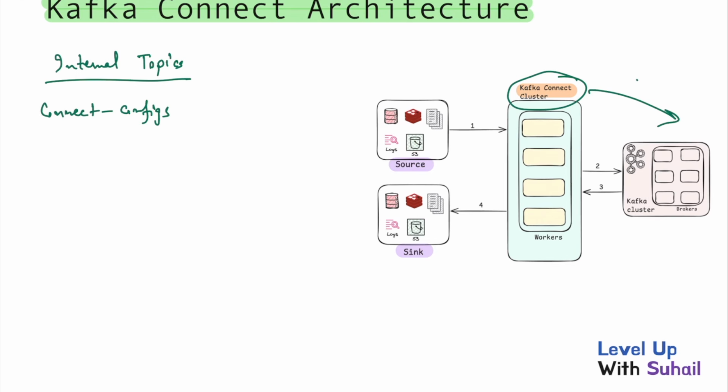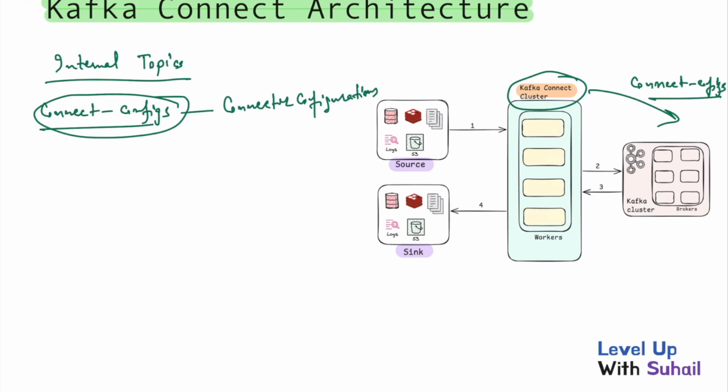What it does is it stores all the connector configurations, and whenever you spin up a worker, a JVM process, a Kafka Connect worker, it first of all looks at this topic and gets all the connector configurations. So this ensures centralized config storage, no local dependency.